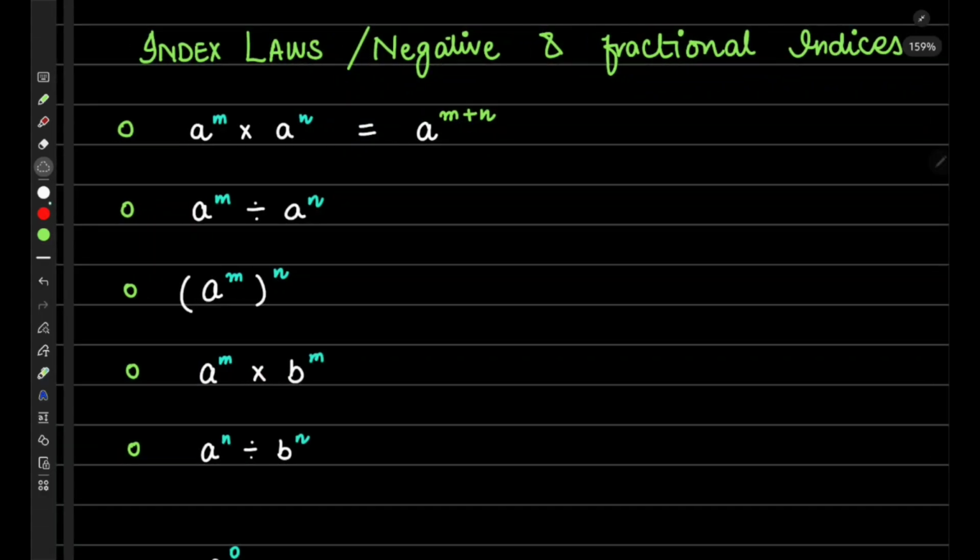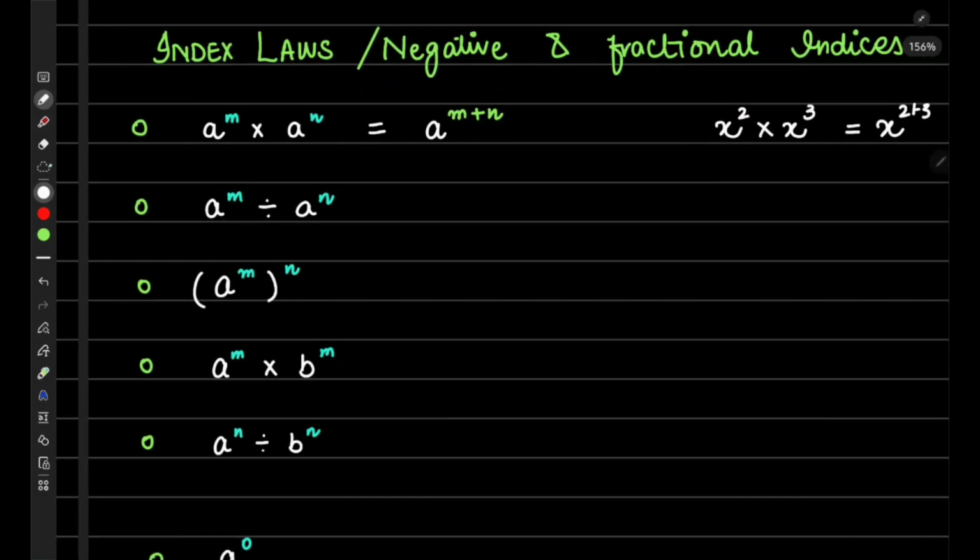Example for this is, for example, if you have x to the power 2 multiplied by x to the power 3, it will give you x to the power 2 plus 3, that is x to the power 5.